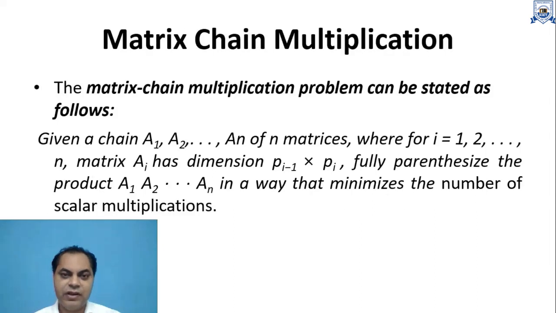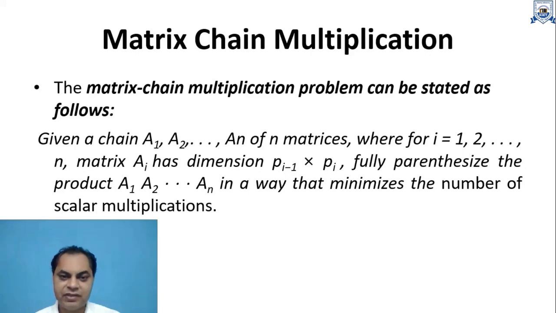Now let's discuss our first problem, that is matrix chain multiplication. The matrix chain multiplication problem can be stated as follows. Given a chain A1 to An of n matrices, where for i equal to 1 to n, matrix Ai has dimension P(i-1) into Pi, fully parenthesize the product A1 to An in a way that minimizes the number of scalar multiplications.